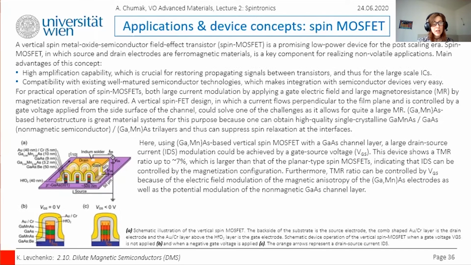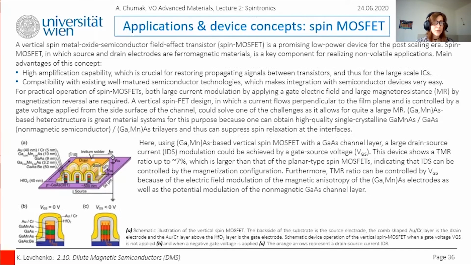So the source and drain electrodes are ferromagnetic materials, which are the key component for realizing non-volatile application. Such a design allows for high amplification capability, which is advantageous for large-scale integrated circuits. And of course, the compatibility with the already existing base of semiconductors.